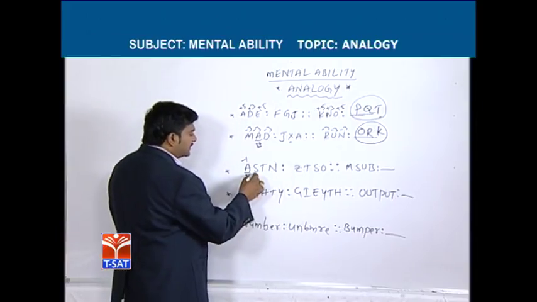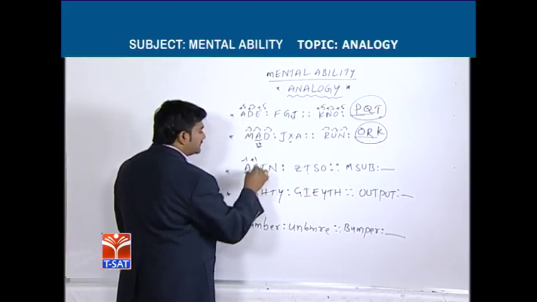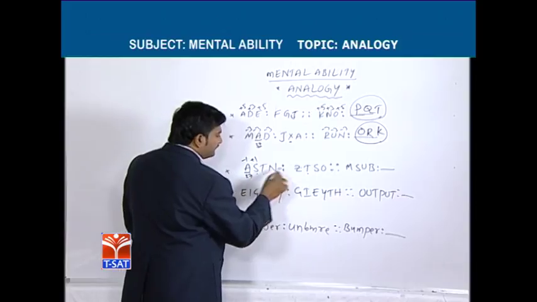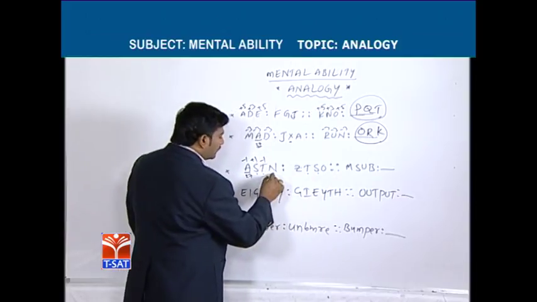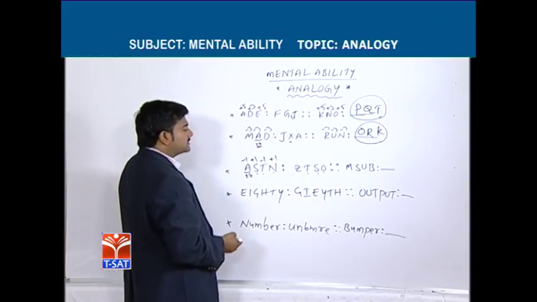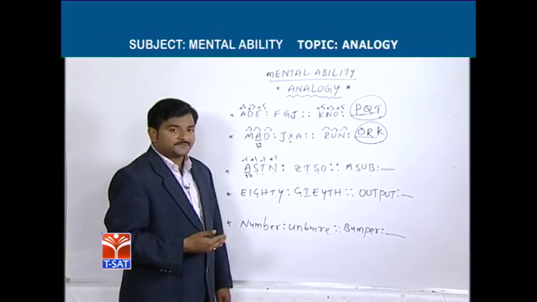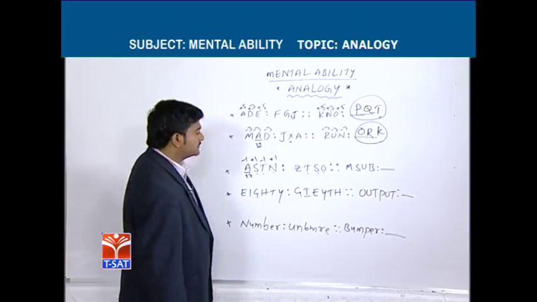And similarly, 19 is written as 20. What does it mean? Plus 1. 20 is written as 19, minus 1. 14 is written as 15. Again what? Plus 1. The concept involved in that question is minus 1, plus 1, minus 1, plus 1 and so on.